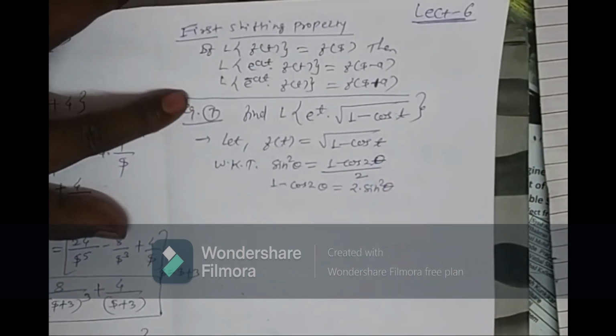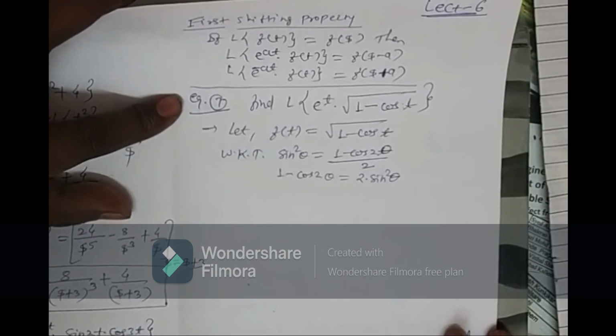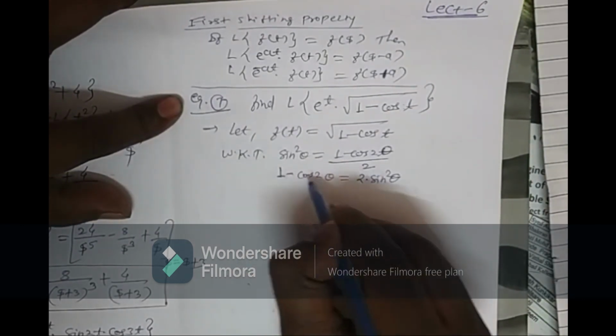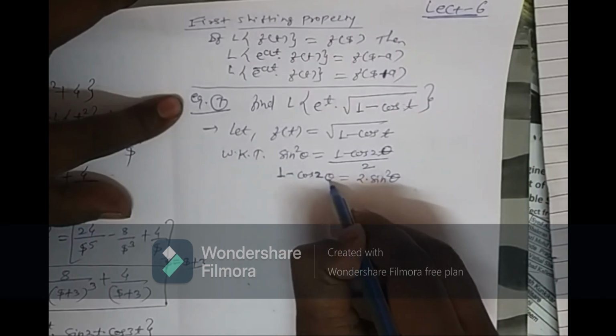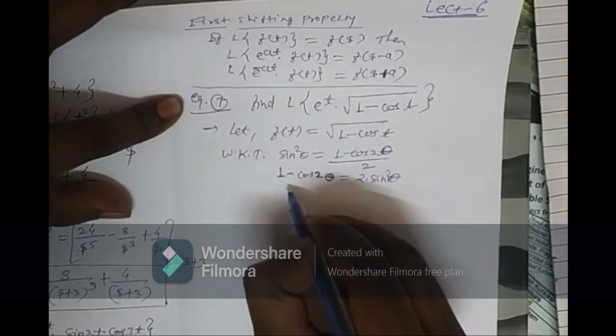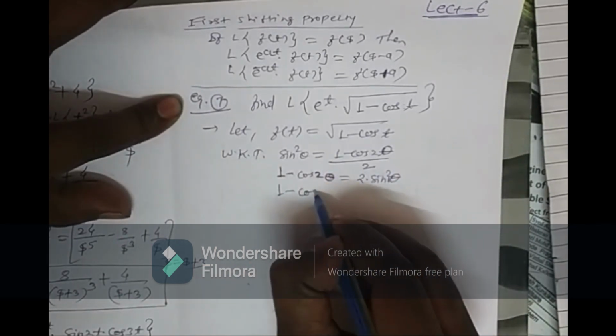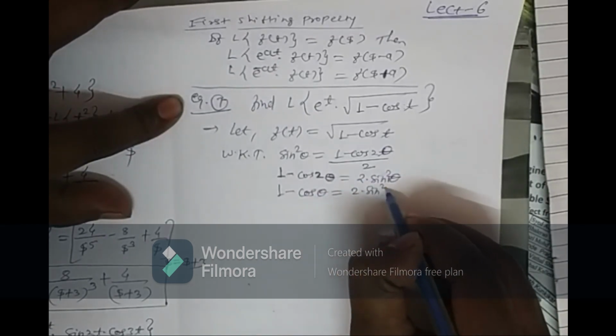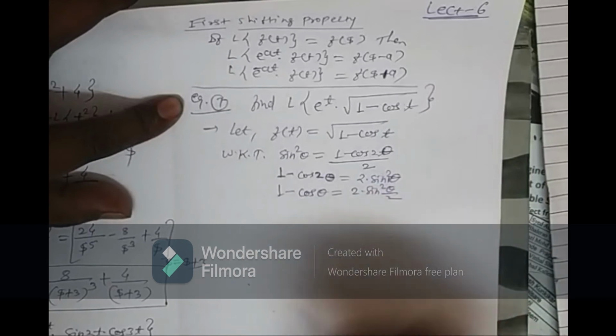Let us understand this formula first. If there is 2 theta on the left, then there is 1 theta on the right. So if there is only theta, then this will be 2 sin square theta by 2, where theta by 2 is the half angle.